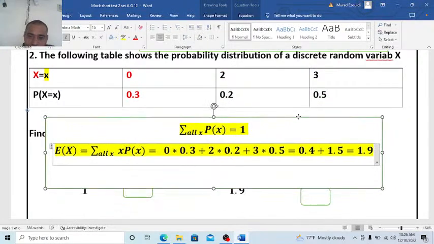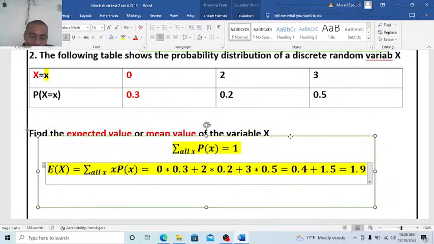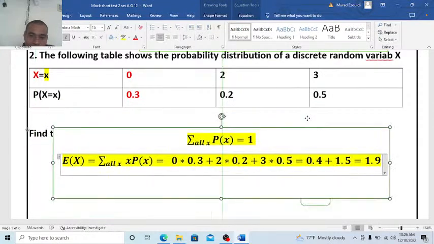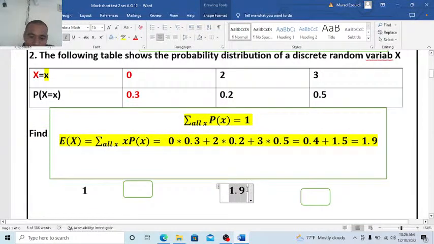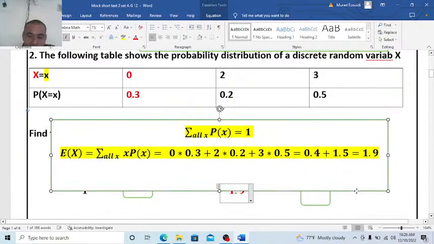So the correct answer here was a very good answer, and the exact value is 1.9. So here, how can we solve this equation? I wish that you got the point. How can you solve this one?